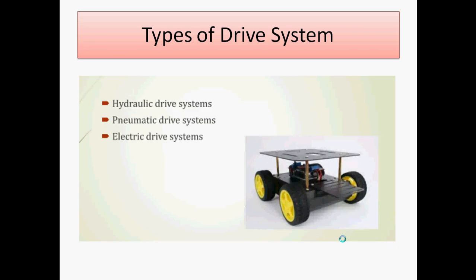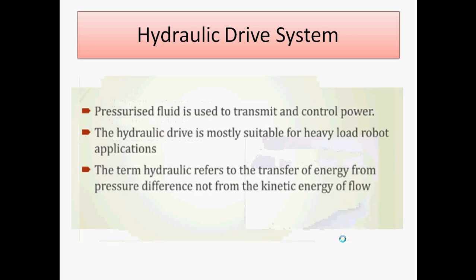First of all, we differentiate the drive systems in three ways. First is the hydraulic drive system, second is the pneumatic drive system, and third is the electric drive system. While discussing the first, the hydraulic drive system, we send a pressurized fluid which is used to transmit and control the power.